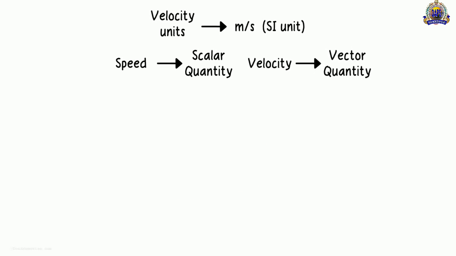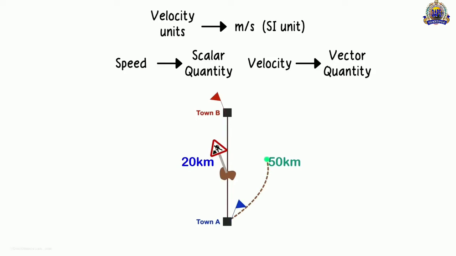So now if we have point A and point B, and a distance is covered from point A to point B, then the shortest distance between A and B is called the displacement, due to the particular direction.